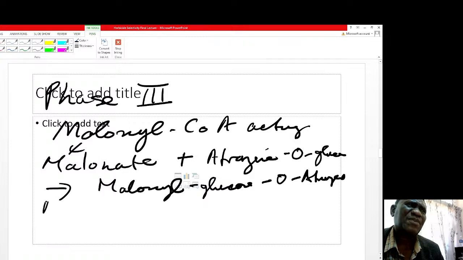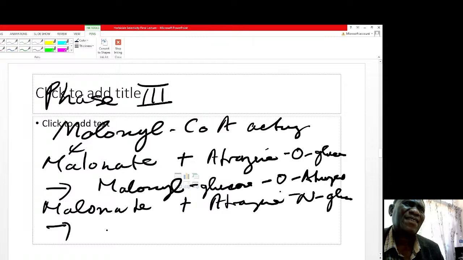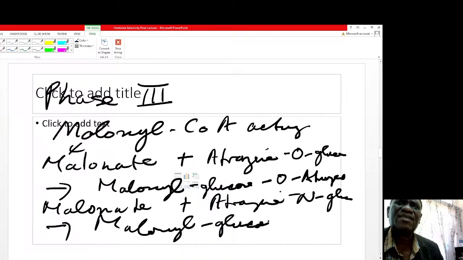There's also a possibility of malonate plus atrazine, which is an N here, giving us malonyl glucose and atrazine.